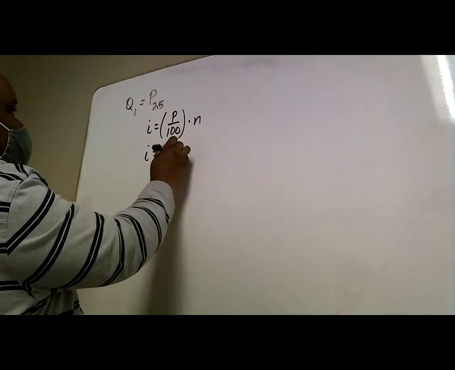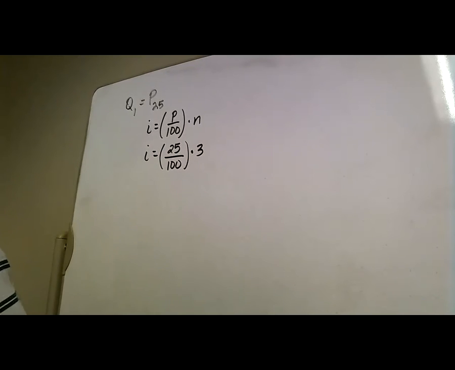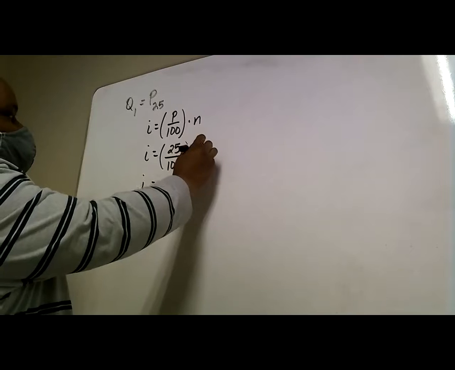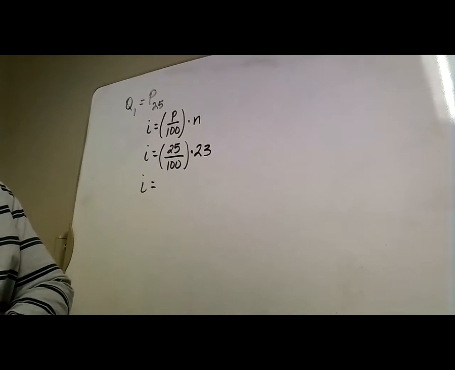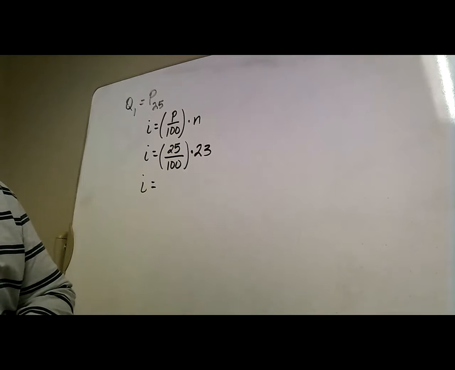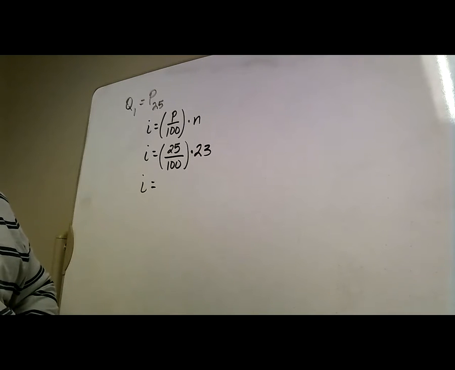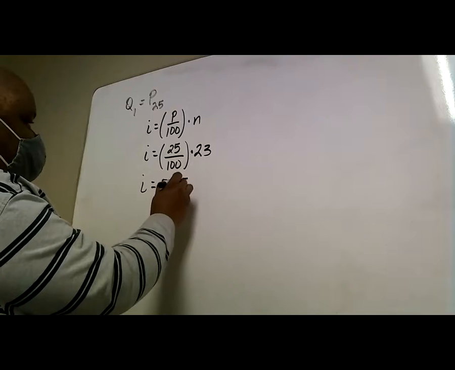So this would be 25 over 100 times 23, for N. So in this case here, if I do 25 divided by 100 and then multiply that by 23, I'm going to get something like 5.75, which is actually a decimal.